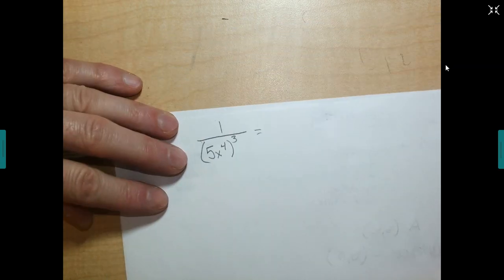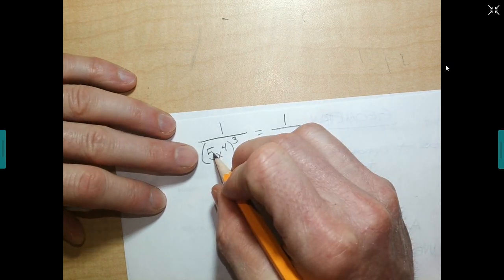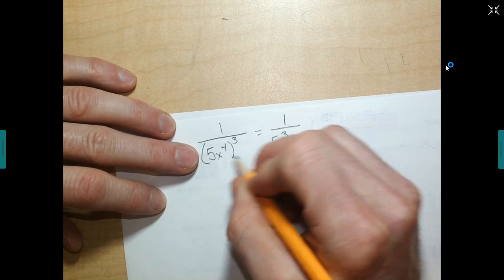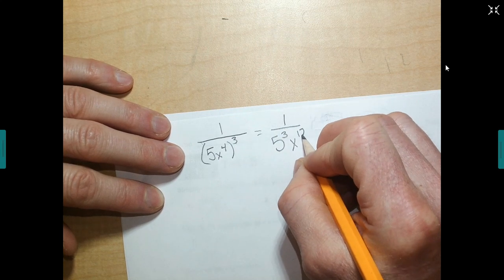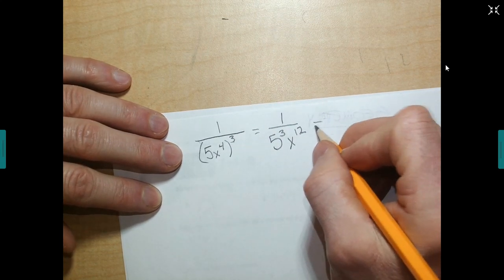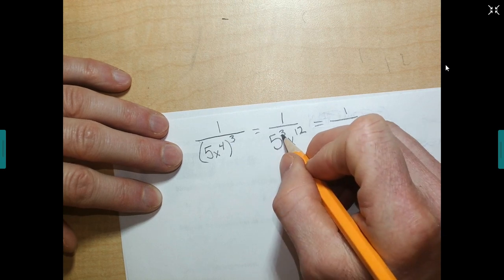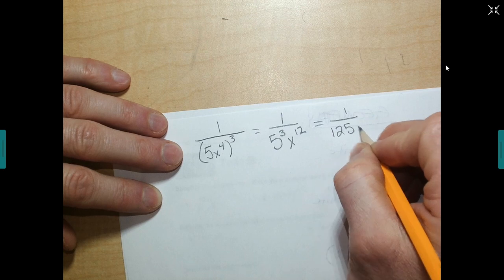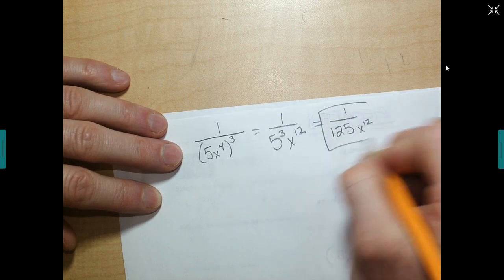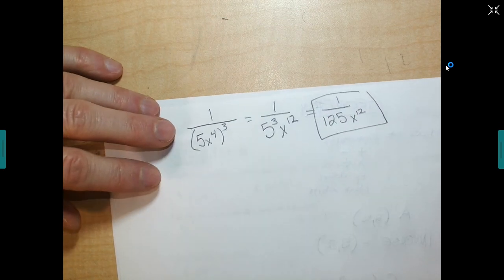So 1 over 5 to the third, x to the fourth to the third, x to the 12th. 5 to the third, 5 times 5 is 25, times 5 is 125. There you go.